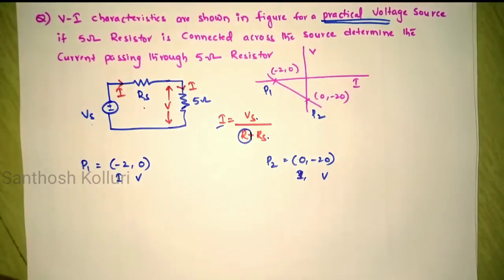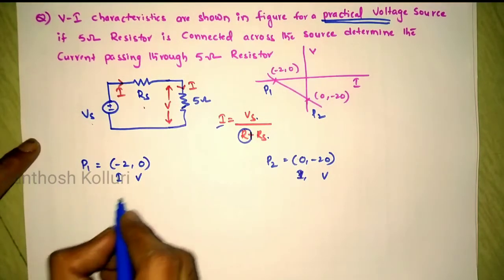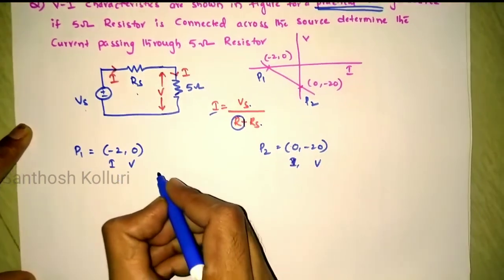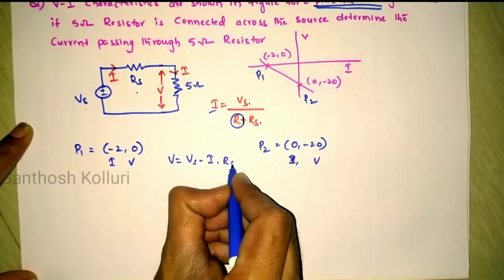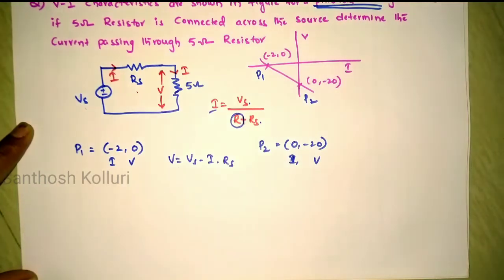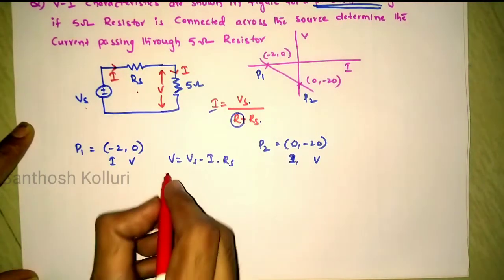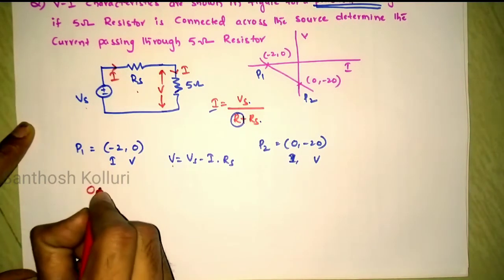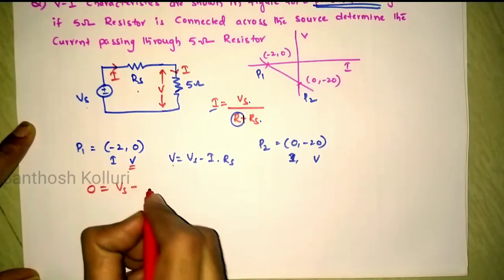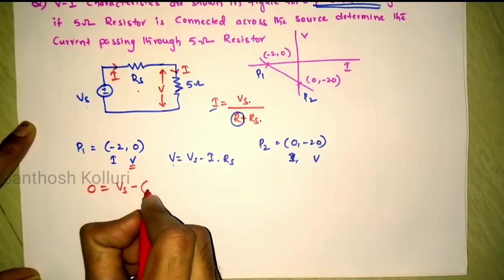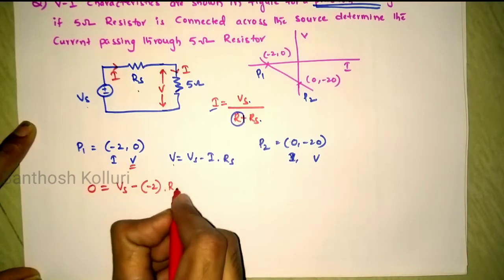We know the formula of a practical voltage source, that V is equal to Vs minus I into Rs. From this, if I apply it to the point P1, V is equal to 0 here, equal to Vs, which I don't know the value of, minus I, here minus 2, into Rs.